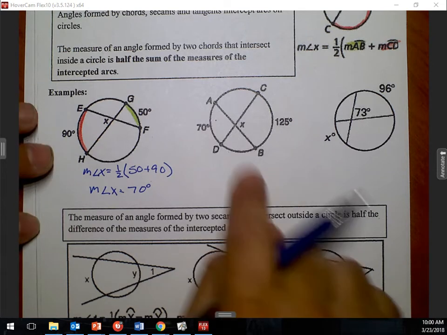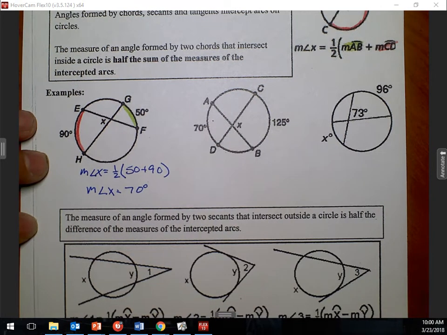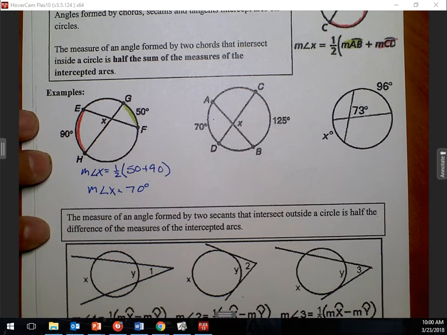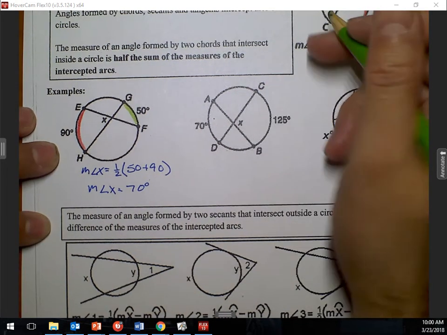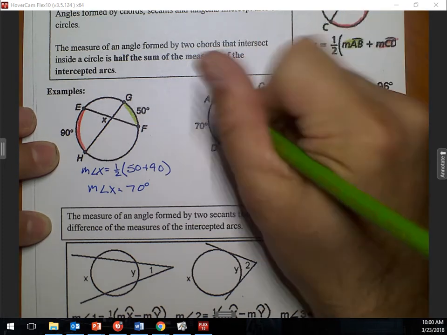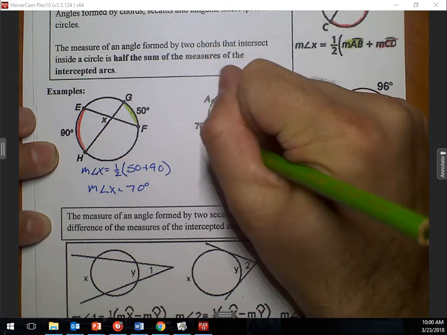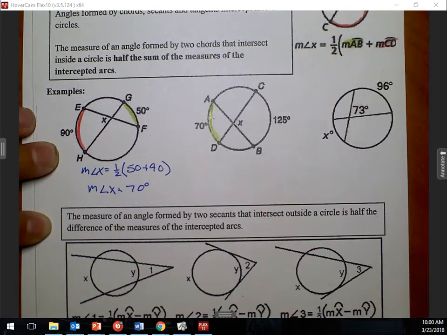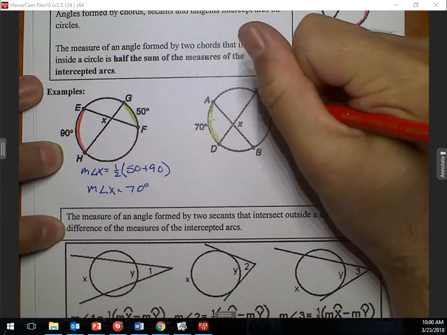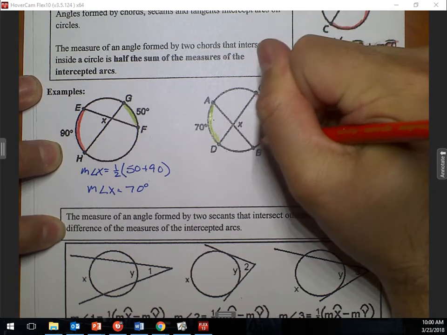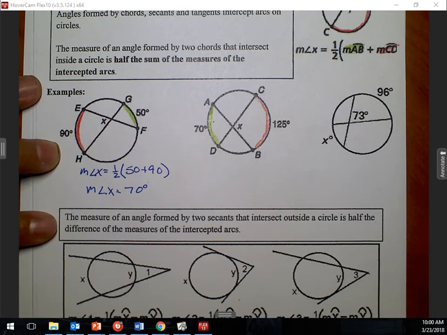Alright, so let's take a look at this one over here. So, I'm going to mark my pieces. So, I'm going to have, let's see, right here. And right here.